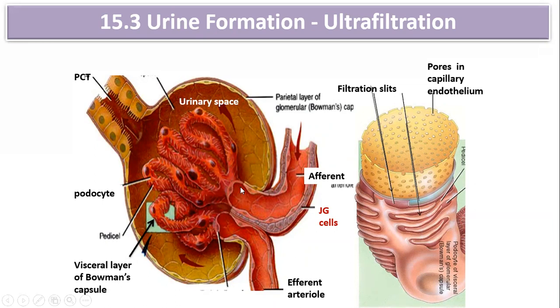Now the innermost layer: the wall of the capillaries is extremely thin. Can you see these capillaries? They are extremely thin and porous. Under the effect of high pressure, the wall becomes permeable to major components of the blood.